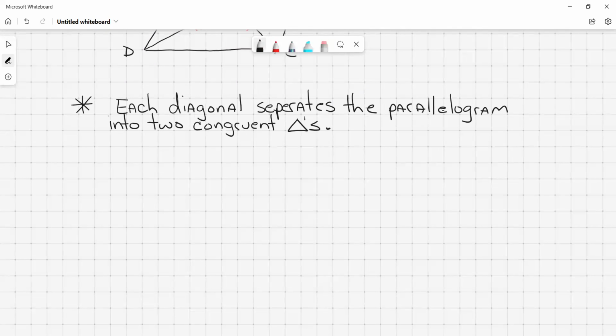So if you've got this parallelogram again, we're going to go with MNOP here.